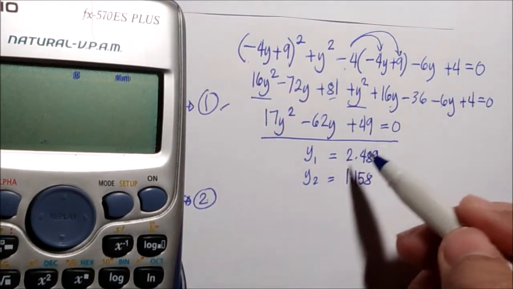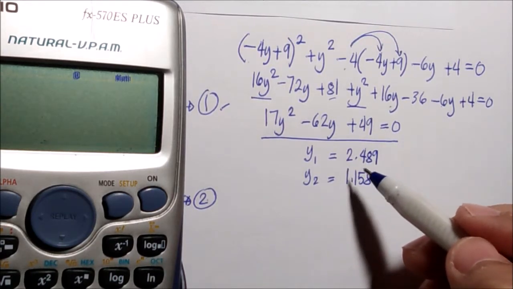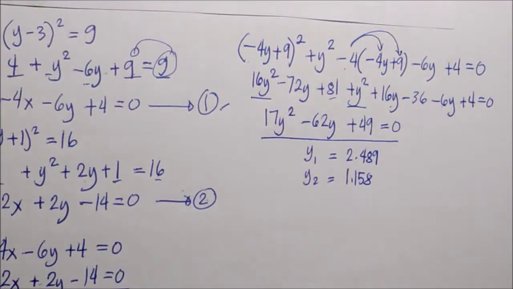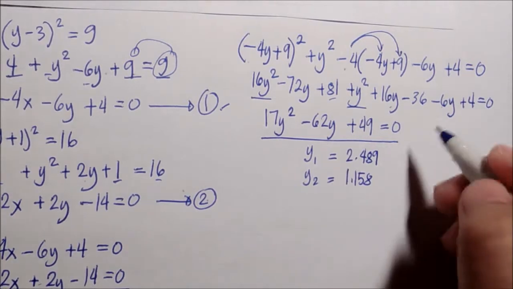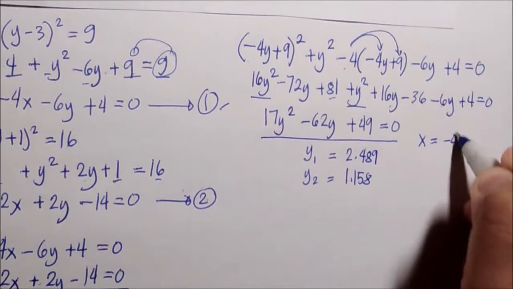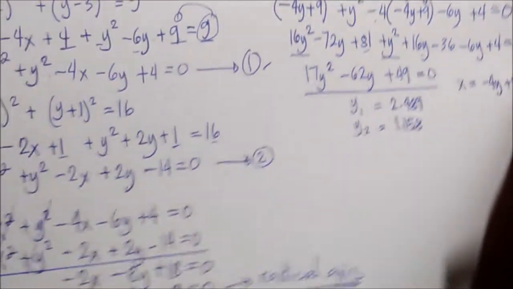Now you have the values of y. What we will do is substitute the value of y to the equation of the radical axis. So a while ago we have x is equal to minus 4y plus 9. Okay, it's from here.